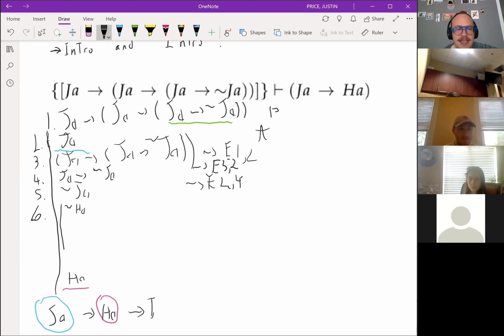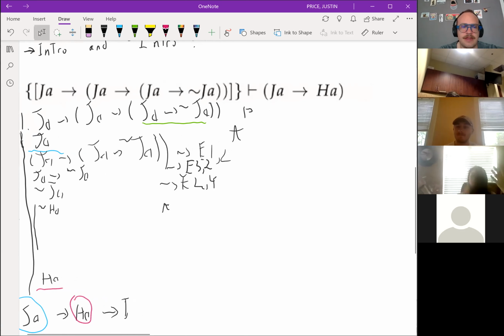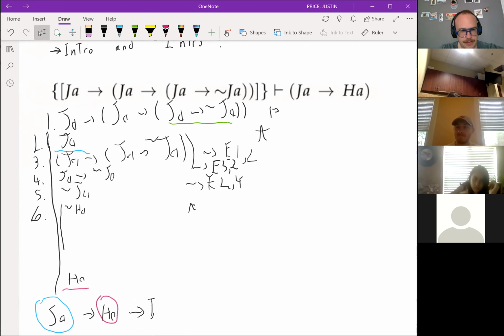So if we want to derive HA using negation introduction, let's prove that negation HA leads to a contradiction. Why are we negating HA?